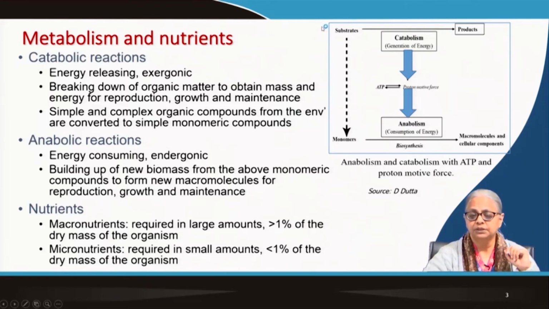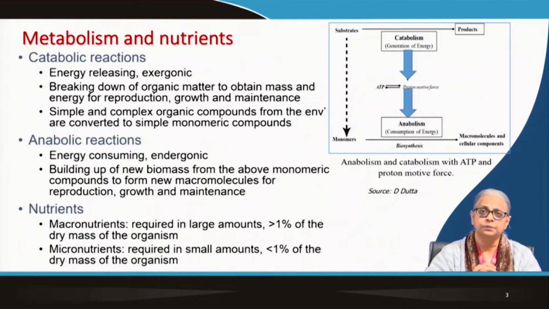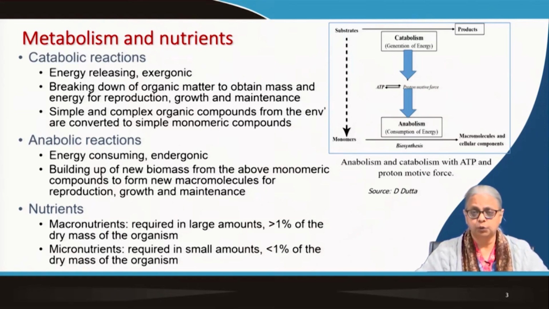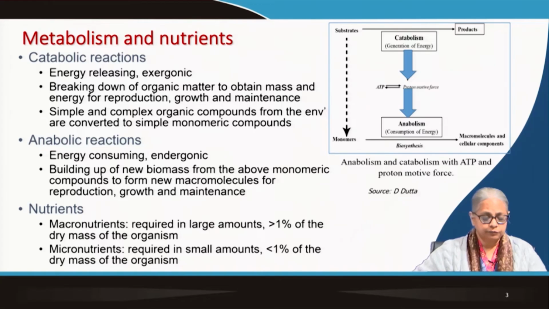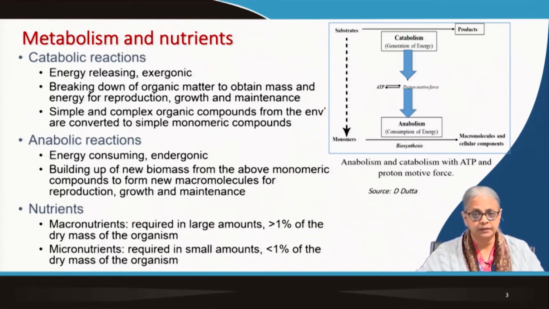So we use the word substrate, we stop using the word food, and when we talk about bacteria, we generally talk in terms of substrate. I've already mentioned that food is really nutrients, and these nutrients are of two types. This is a little bit of a repeat of what I have mentioned in the past, but it's important enough for us to keep it in mind, and therefore it's been repeated here to some extent.